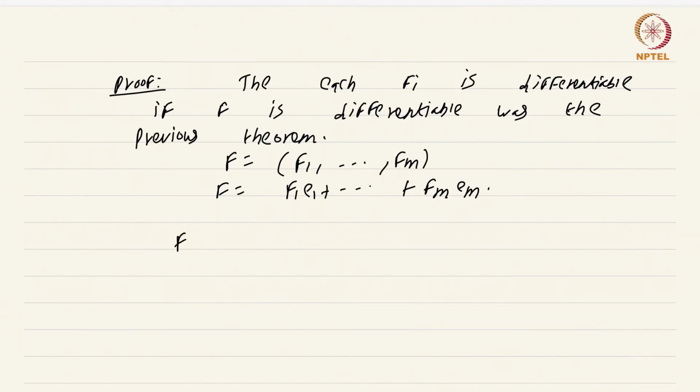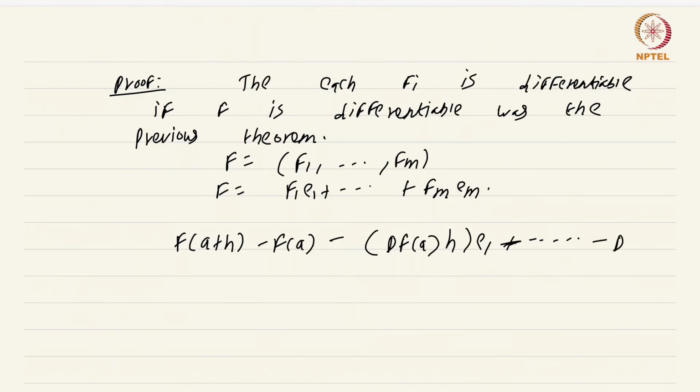So let's consider the difference f(a+h) minus f(a) minus the map that we claim is the derivative, that is, df1(a)h e1 minus dot dot dot minus dfm(a)h em.